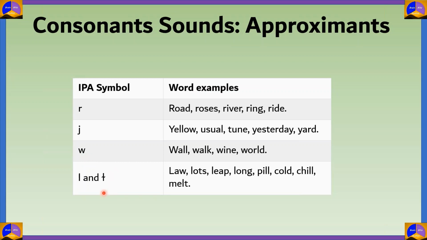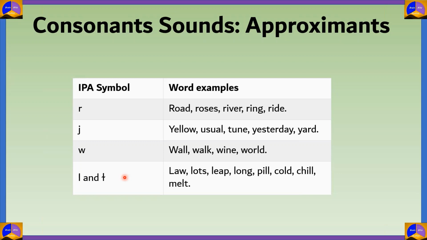The last consonant in the approximant section and in the whole of consonants is the l sound. Now this is once again achieved by placing the tip of the tongue at the roof of the mouth between the top teeth. However, this sound is achieved by passing the air through the sides of your tongue.